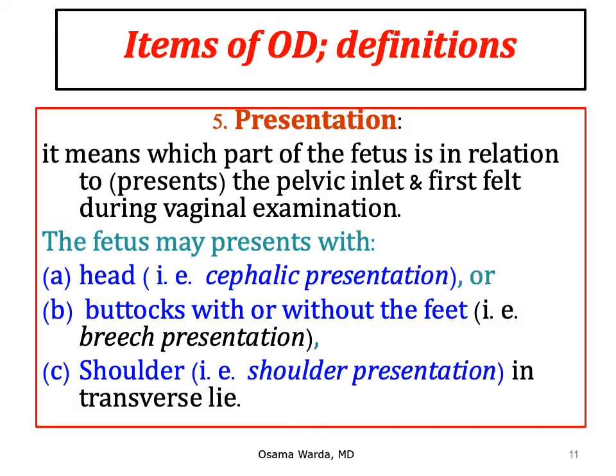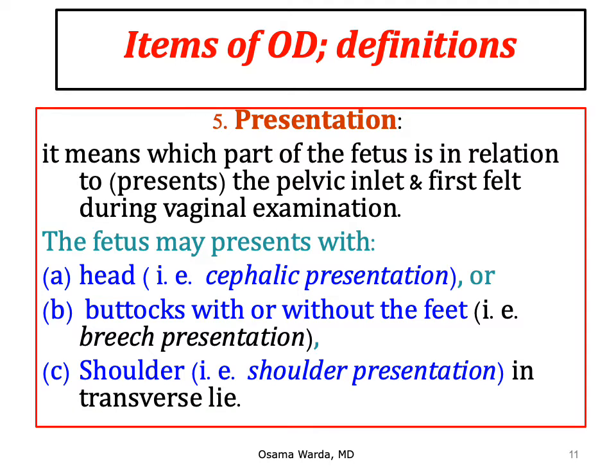What about the fetal presentation? Fetal presentation means which part of the fetus is in relation to the pelvic inlet and first felt by vaginal examination. We have three possibilities for the fetal presentation. The first possibility: the fetus presents with its head, and this is called the cephalic presentation.